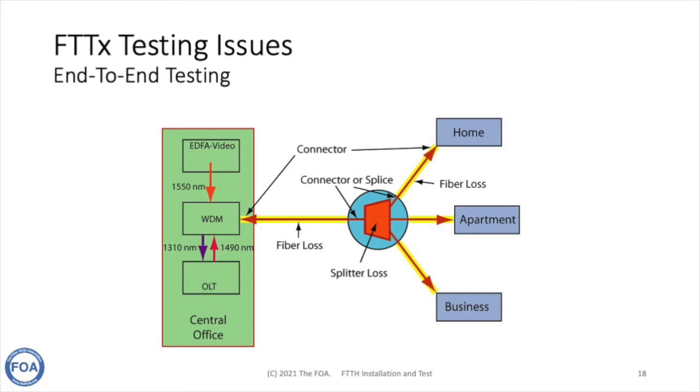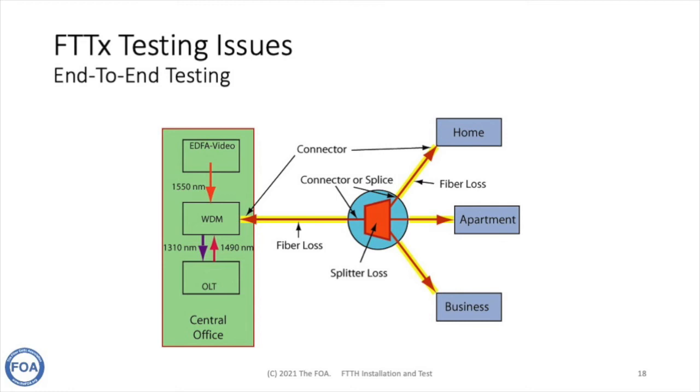When you test the loss of a link in a fiber-to-the-home network using a passive optical network architecture, it's a little bit different than just a simple fiber point-to-point link, because you have connectors on each end, one for the OLT and one for the home, and in between you're likely to have fiber splices, just like you would in any other network, but you're also likely to have some connectors, and of course you're likely to have the splitter.